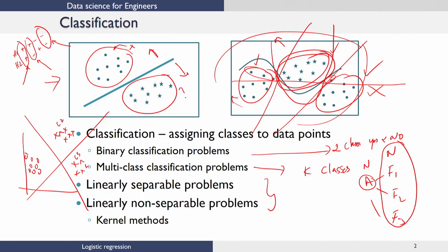The key ideas that I said that we want to remember here are whether these problems are linearly separable or linearly non-separable. And in the linearly non-separable problems, there are multiple options.